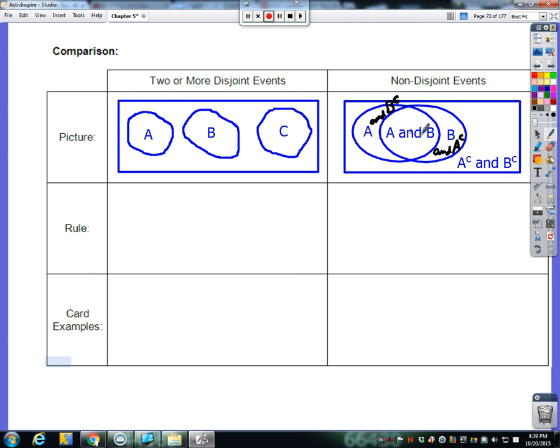In the middle, this is where A and B both happen. On the outside of everything here, this is where not A and not B occur. So there's really four regions here. We've got where just A happens, where just B happens, where A and B both happen, and where A and B both do not happen. So when we have non-disjoint events, there's going to be some extra stuff we'll have to consider.